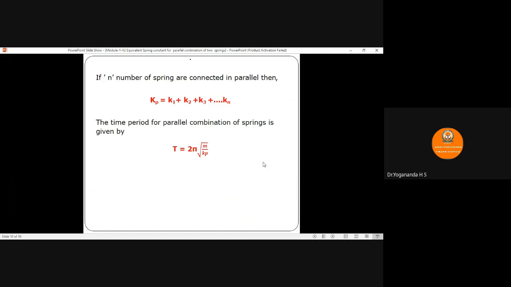If n number of springs are connected in parallel, then kp equal to k1 plus k2 plus k3 and so on up to kn. The expression for time period for the parallel combination is given by T equal to 2 pi into root of m by kp, where kp is the equivalent force constant for the parallel combination of springs.